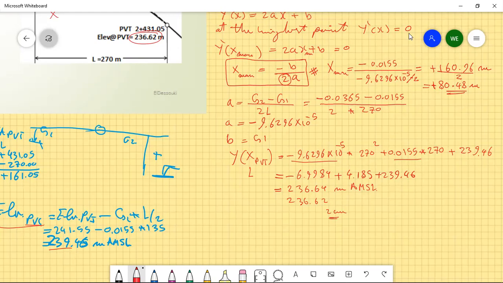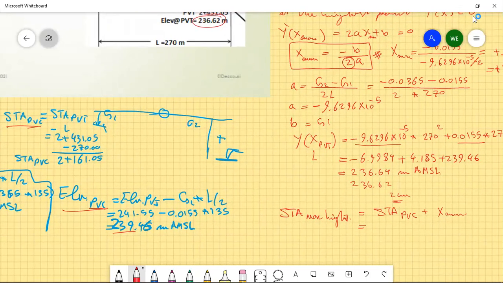So the station of maximum height will be the station of the point of vertical curvature plus x max. What was the station for the BVC?